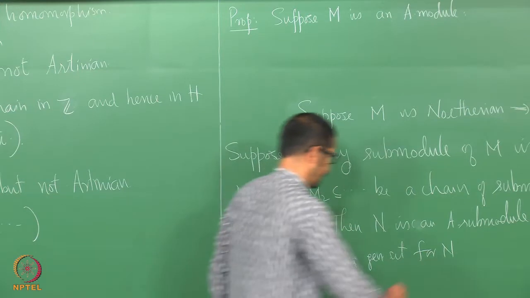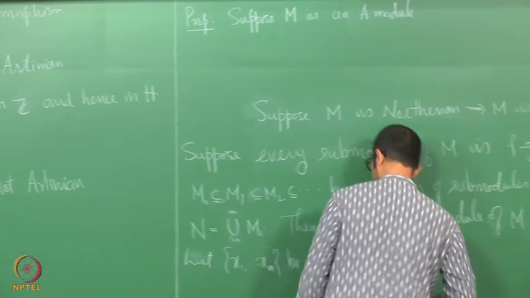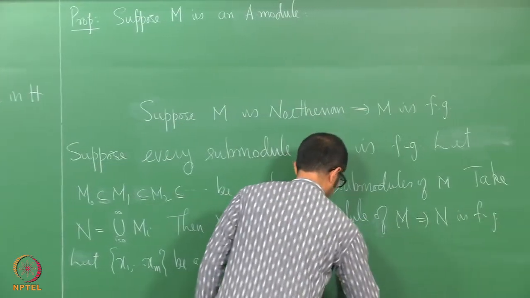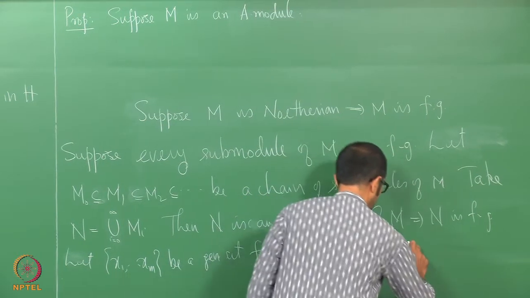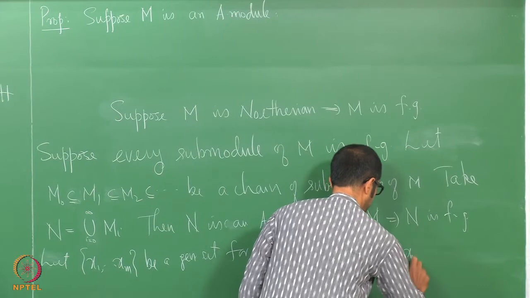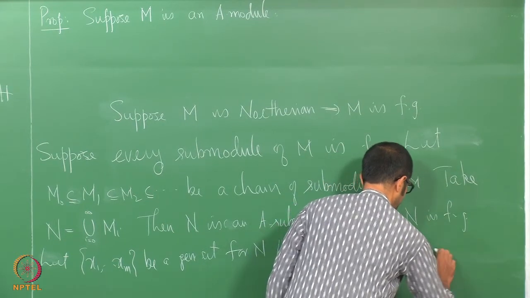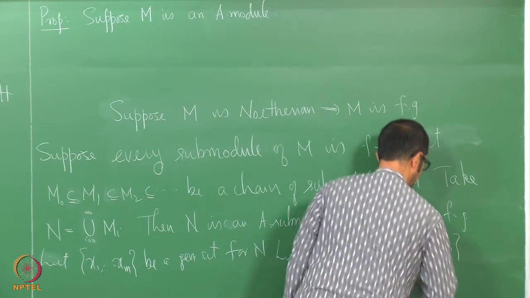Okay. So let k be the minimum i such that x1 up to xm are contained in Mi.